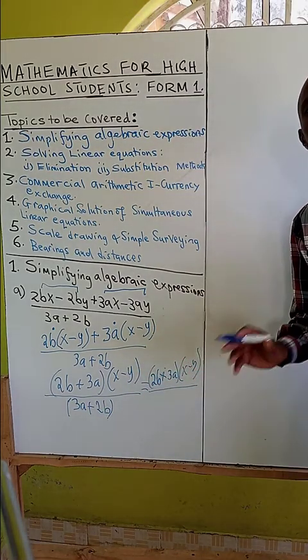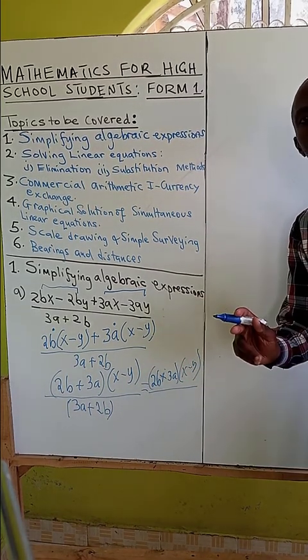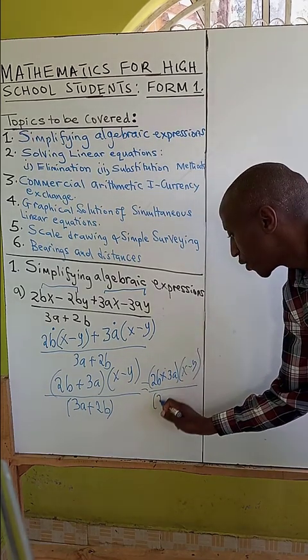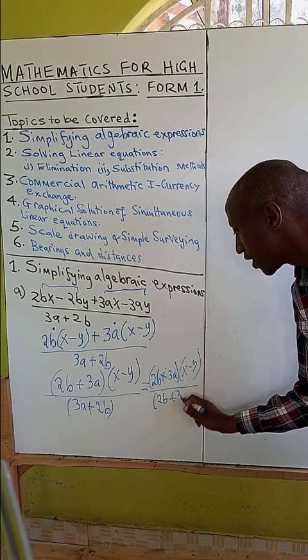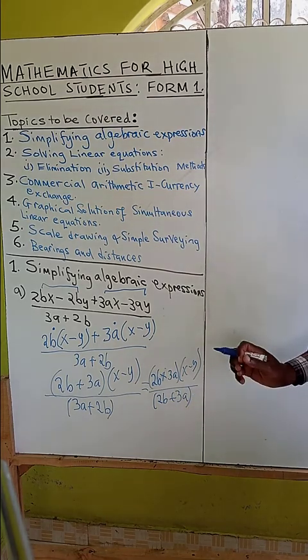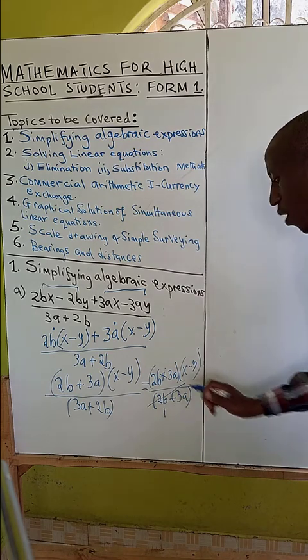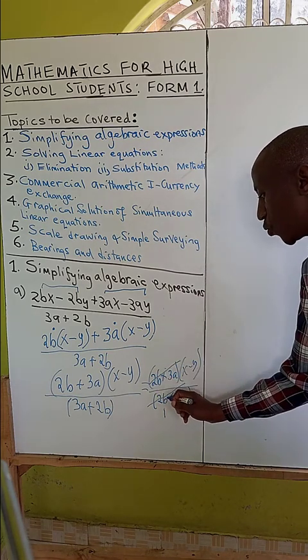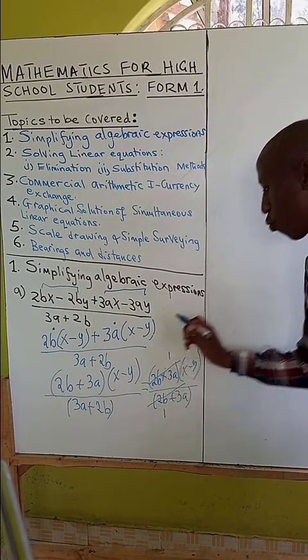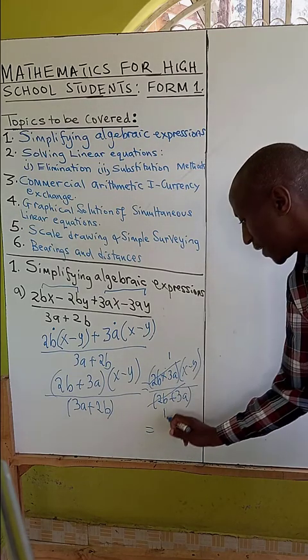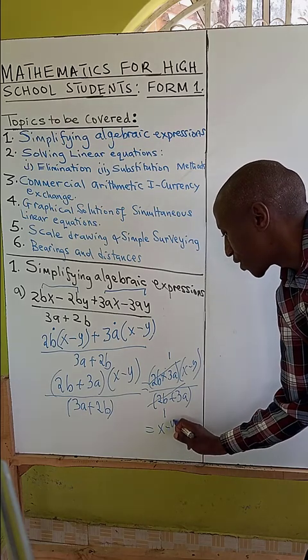The order in addition does not matter because 2 plus 3 is equal to 3 plus 2. So we have 2b plus 3a. And at this point, you can divide this factor by 2b plus 3a, you get 1. And so finally, our solution is x minus y.